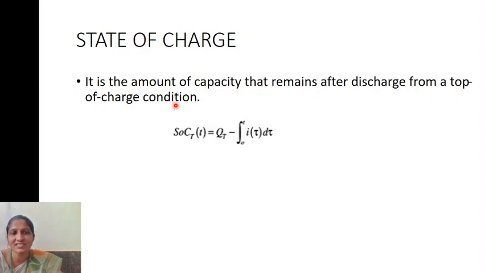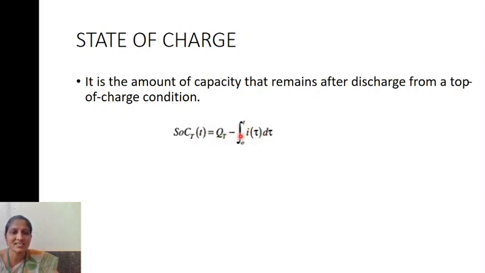And the formula for SOC is, suppose QT is the total charge, SOC equals QT minus the charge already consumed, that is the integral of I(t) dt. The total charge is equal to SOC plus the state of discharge.